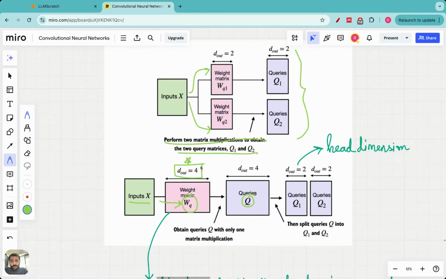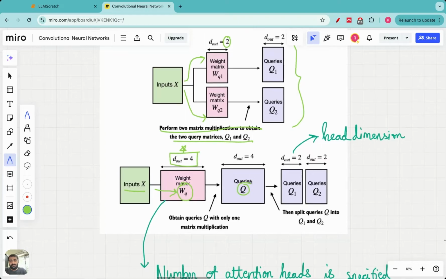So this dimension 4 is the d out, which is 2 multiplied by the number of heads. So this d out is already specified before. So the weight matrix for the queries, keys, and the values which we specify already will include the head dimension. And then when we get the queries, keys, and values, we will split them based on the number of heads. So here we can see we split the queries matrix into two, q1 and q2, because there are two heads.